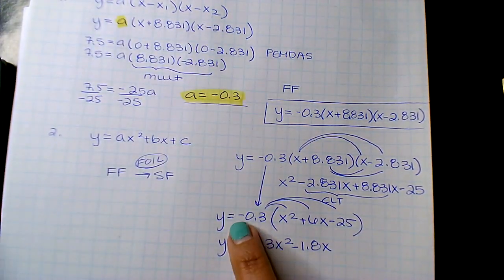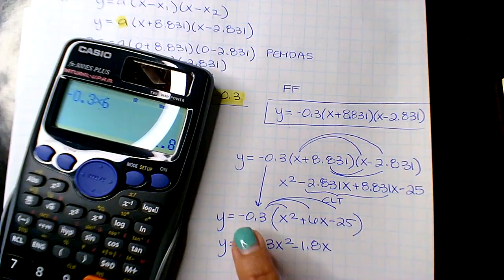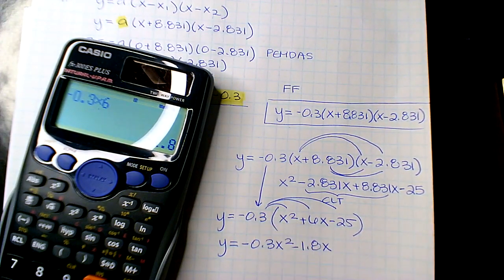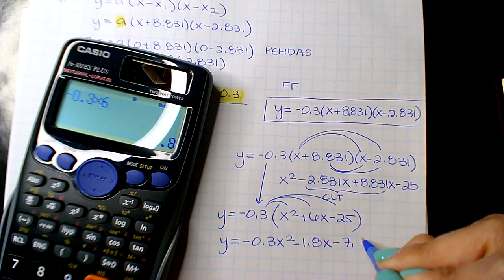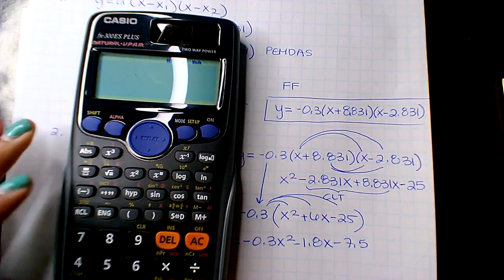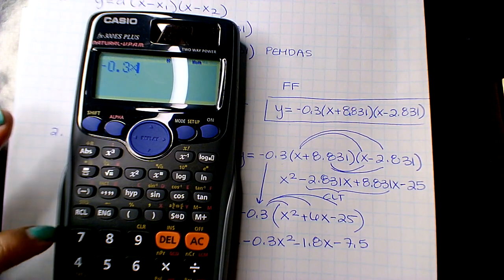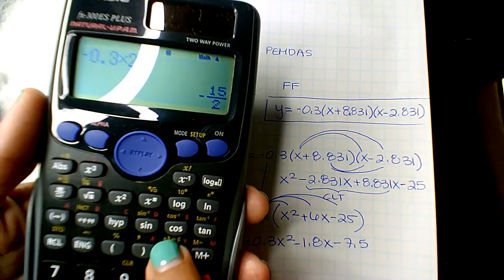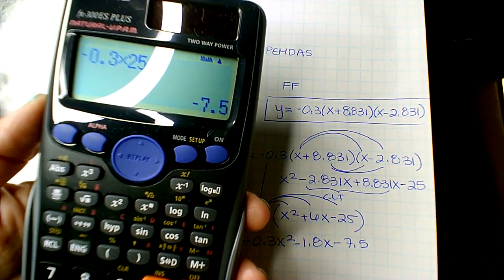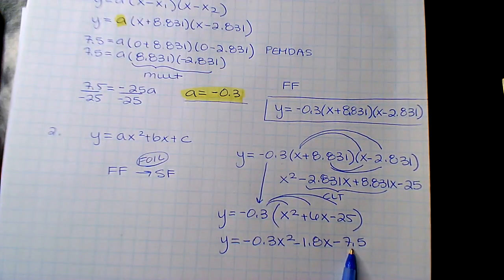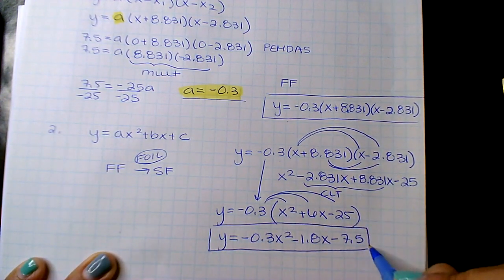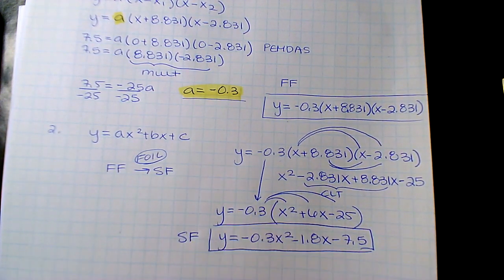And then what's this? You're going to end up with 7.5 because 3 times 25 is 75, but with the 1 decimal, you're going to end up with that 7.5. But if you don't believe me, you get negative 7.5. So there. Okay, this is your standard form. This is how you move from vertex to standard, and that's number 2.